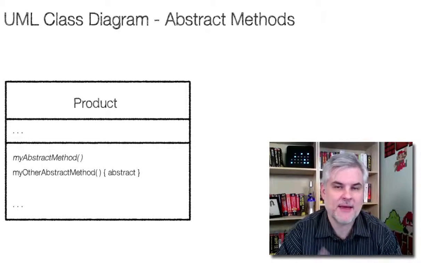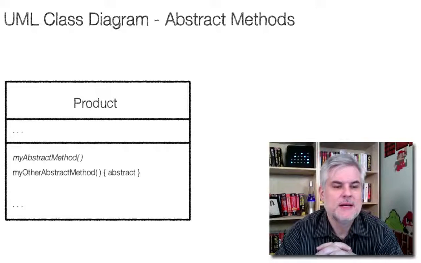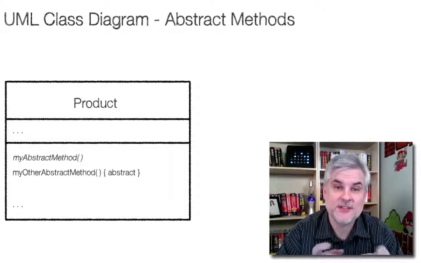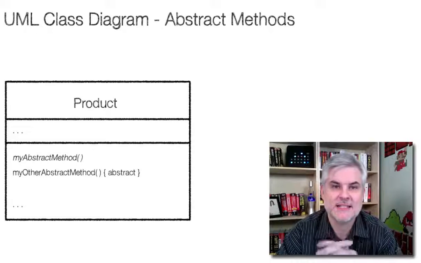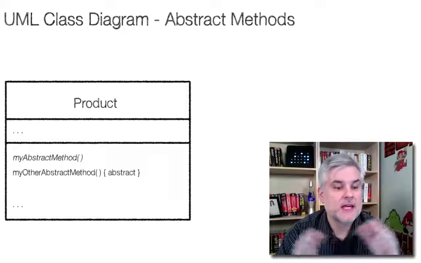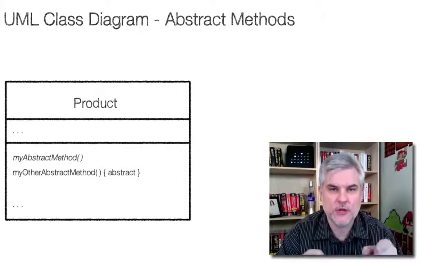So my abstract method tries to use an italicized font. Hopefully that became obvious. The other way to do it is my other abstract method. You can see that it too borrows the syntax we saw a moment ago, with the curly braces and the word abstract next to it. So that's how you define abstract classes and methods within UML.